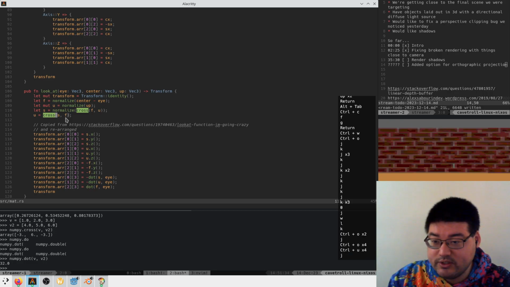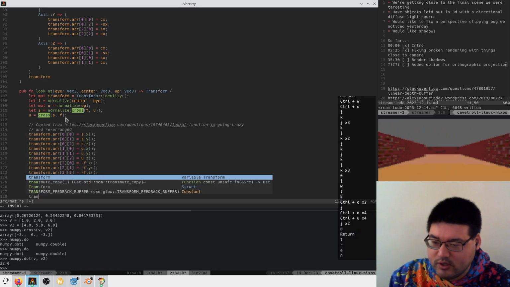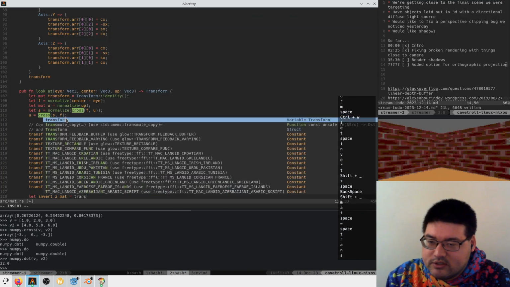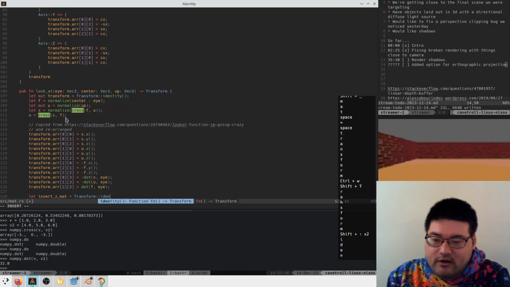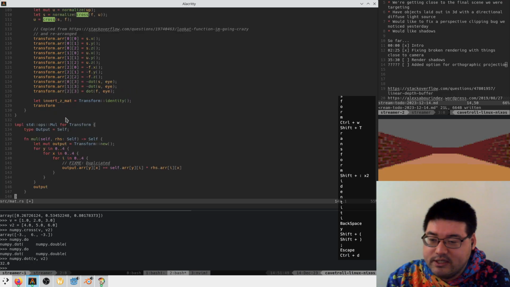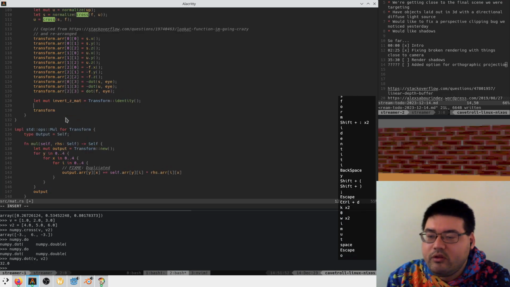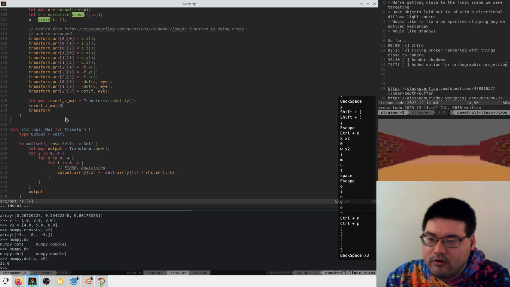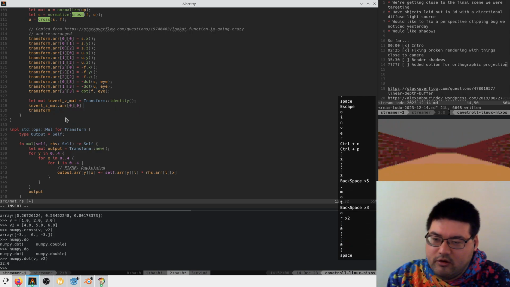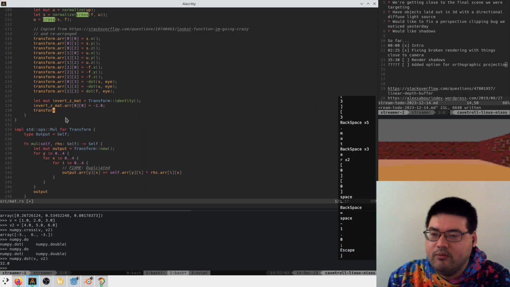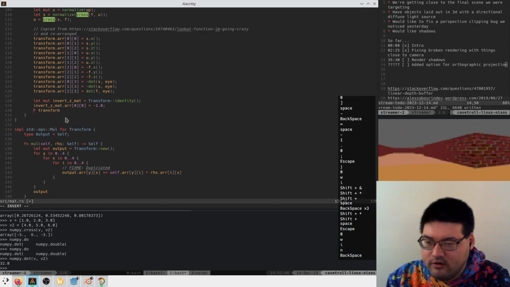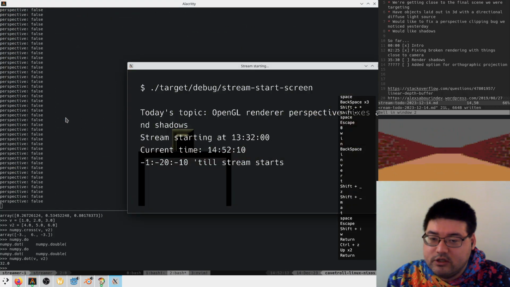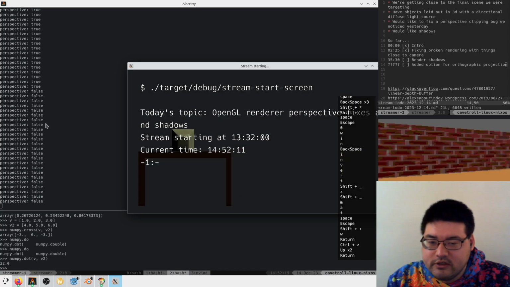So we might have to do something like invert Z. So we'll say let invert Z matrix is a transform with identity, and then we just set our z value in this to -1 instead of 1, I think. And then we can return the transform with an inverted z. And that still looks absolutely wrong.